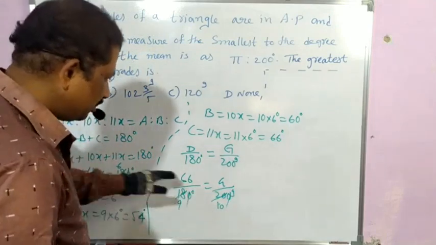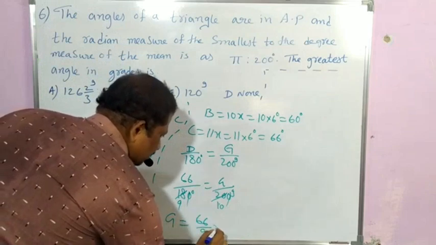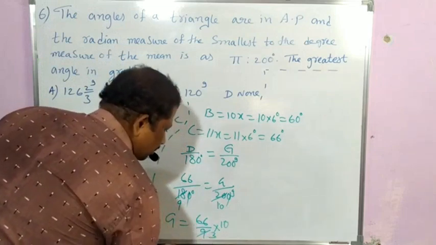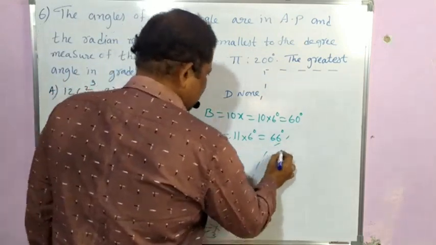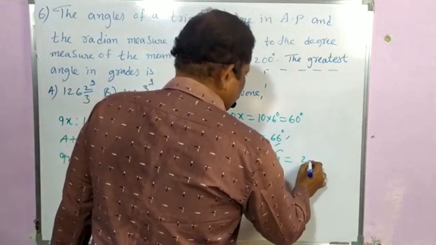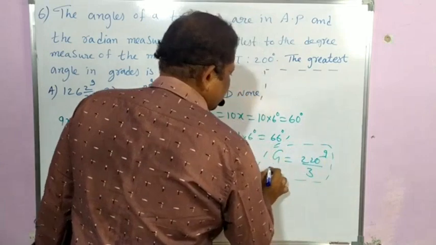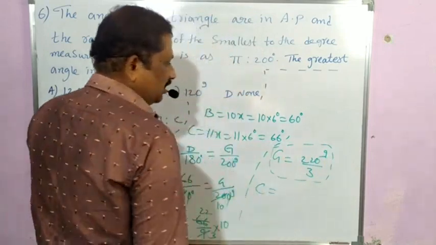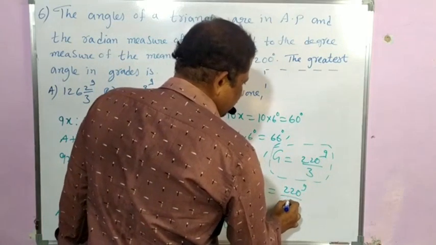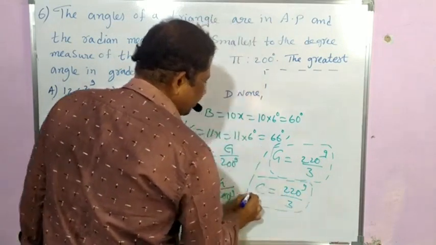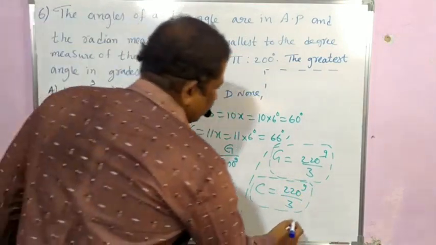So what is left? Cross multiply it. G is equal to 66 by 9 into 10. 3 threes are 9. So what you get finally? G in grades is 220 by 3 grades. So the greatest angle C in grades is 220 by 3 grades. So this we can write by simplifying.